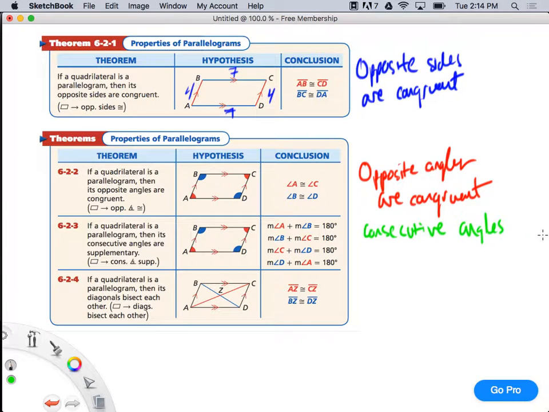Like, give me numbers starting with 1, consecutive numbers. 1, 2, 3. So one after the other, right? So consecutive angles means like this one, then this one. Or this one, then this one. This one, then this one. Does that make sense? Does that have to be alphabetical? Usually it will be. But consecutive angles are supplementary, and that means they add up to 180.